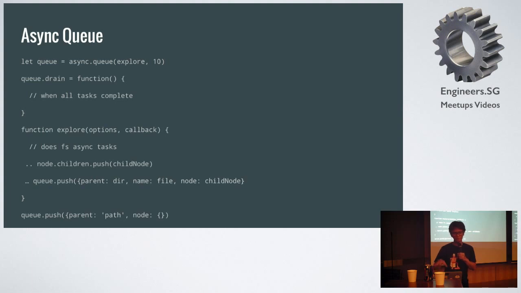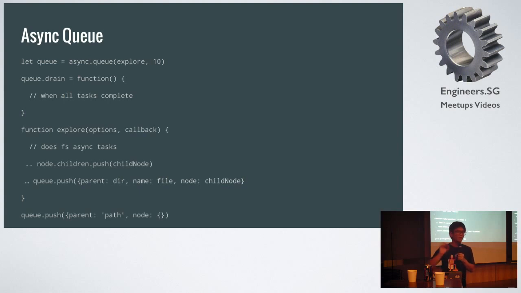And so I thought, actually node-du was using this library called Async, right? So I thought, okay, I'll give Async a try. One of the things that I did was to wrap the recursive file scanning into the async queue. This is basically how you would use Async.